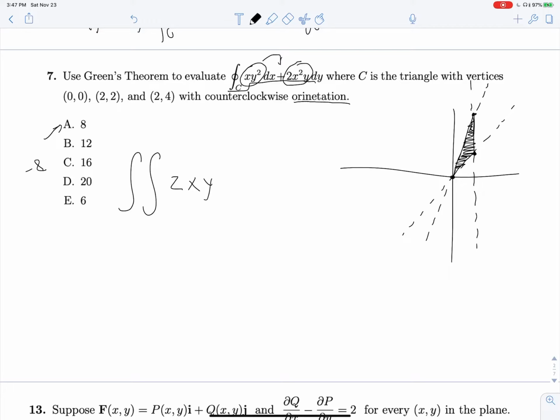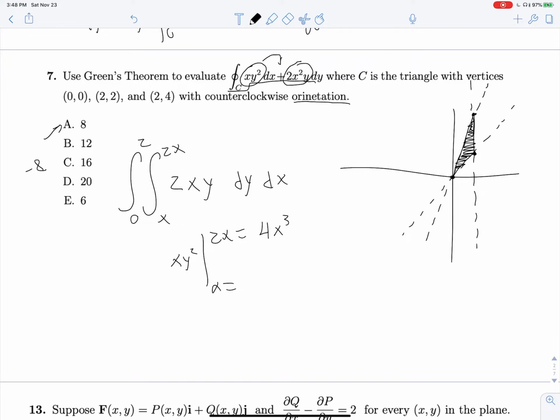So like we just said, we're bounded dy by x and 2x and dx by 0 and 2. So let's take this integral. We're going to get xy squared on x and 2x. This will be 4x cubed.